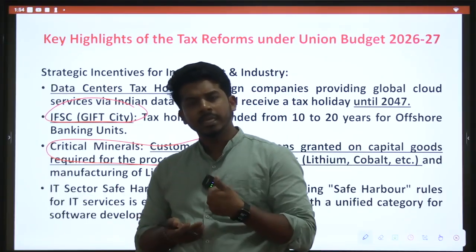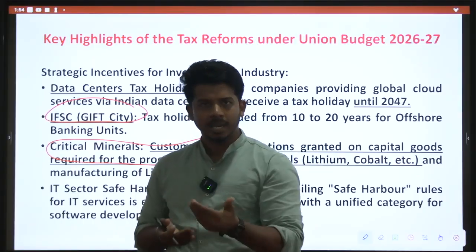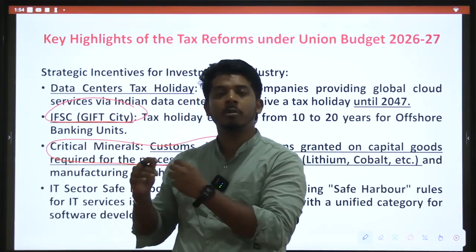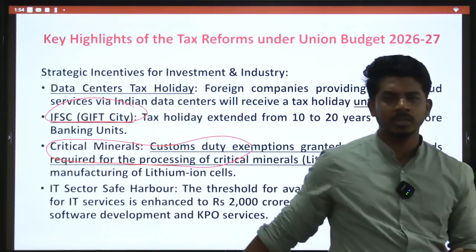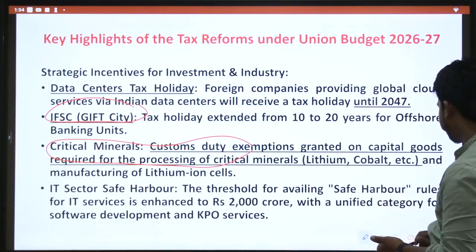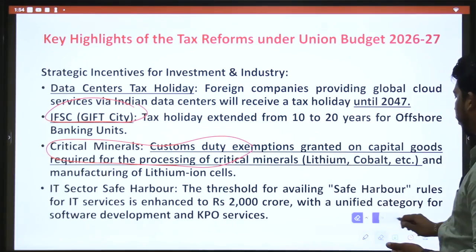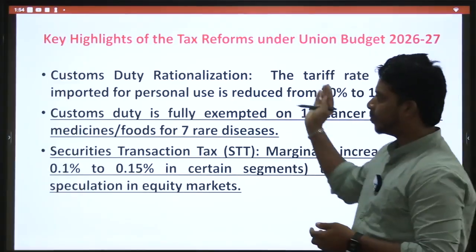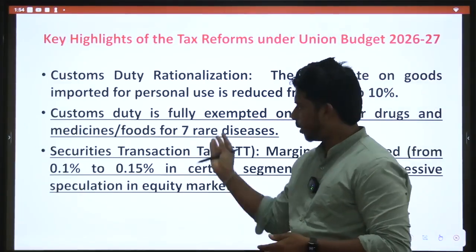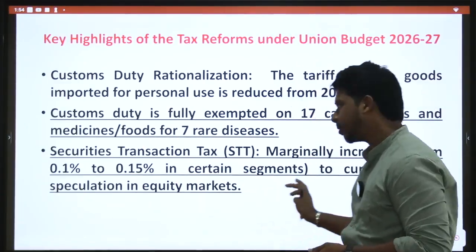We have seen in the Economic Survey what the government has done till last year, and the budget is what the government is going to do for the next year. So this is fiscal policy, fiscal consolidation for the next year. So you are seeing exemptions on duties on some things, and increases in tax on some things.